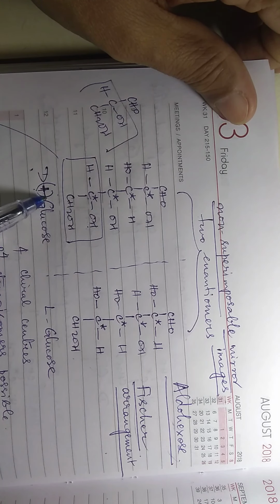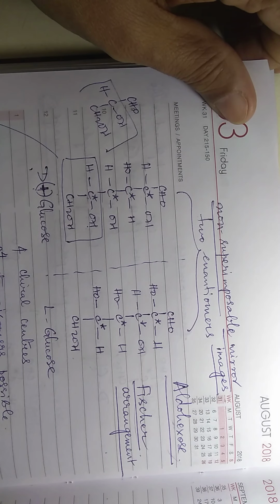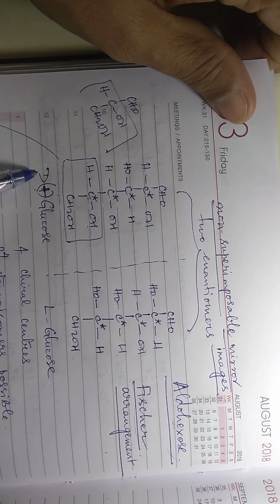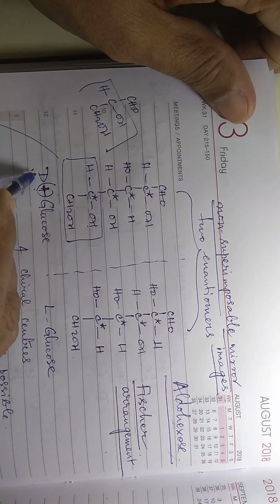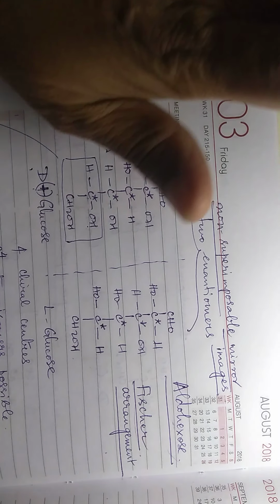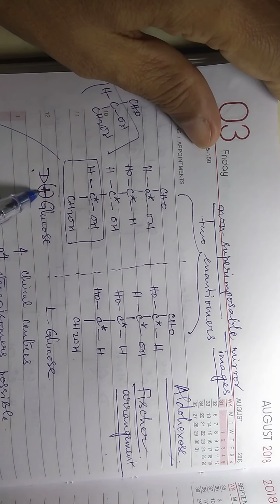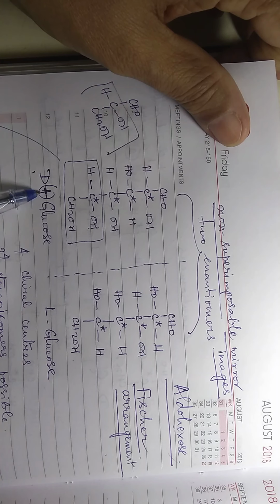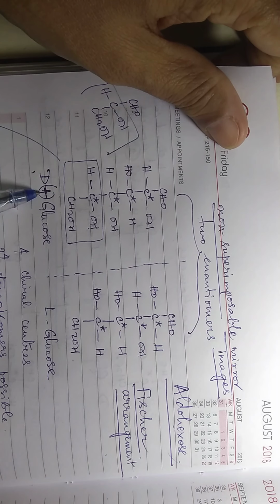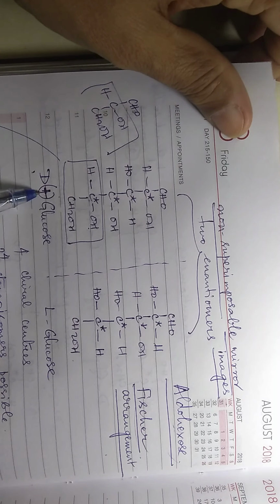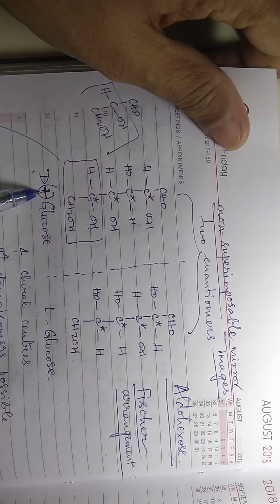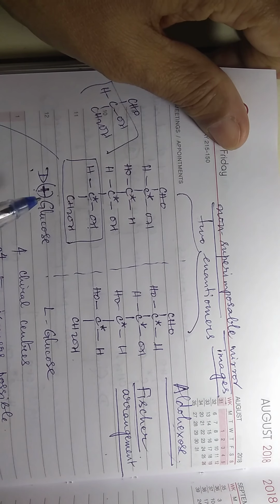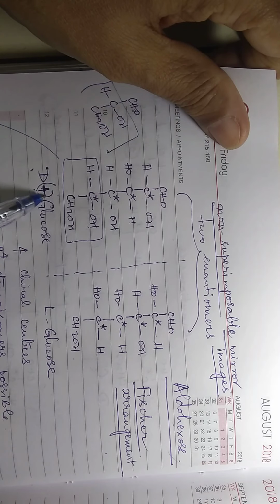That will be denoted by this plus or minus sign, which is put along with D. So D has no role with respect to optical rotation. Only this plus sign or minus sign is going to decide the direction of optical rotation, is it not? Whether the plane polarized light is rotated towards the right or left, that is decided by this sign.